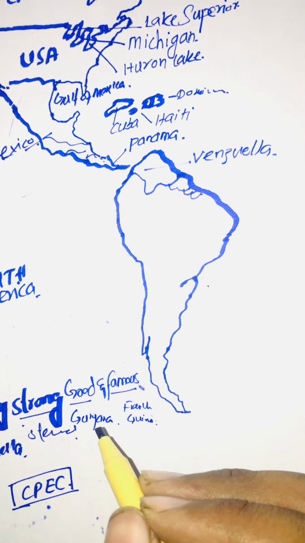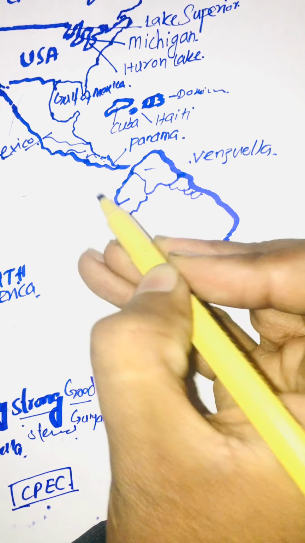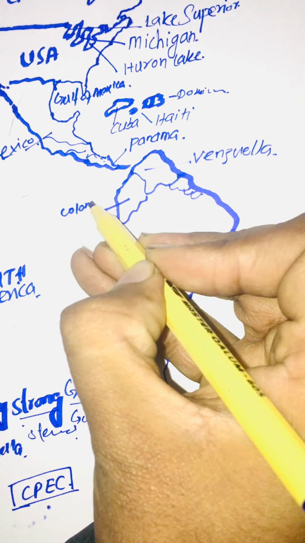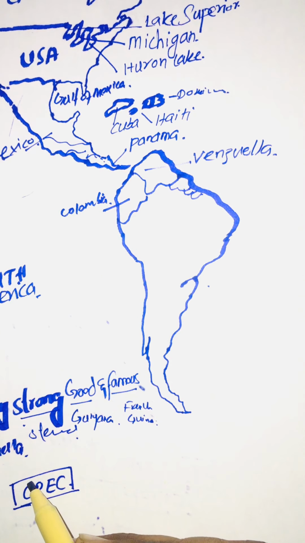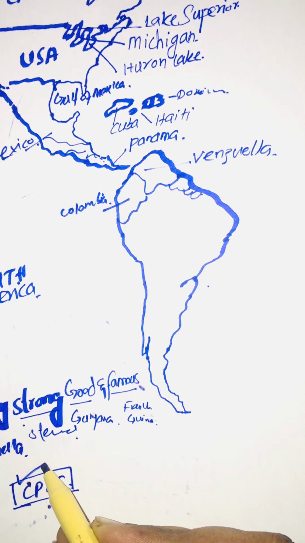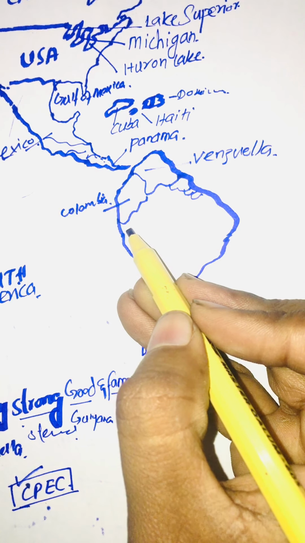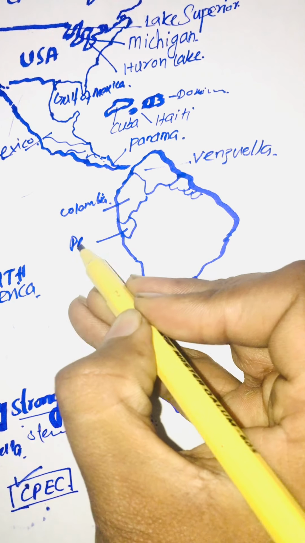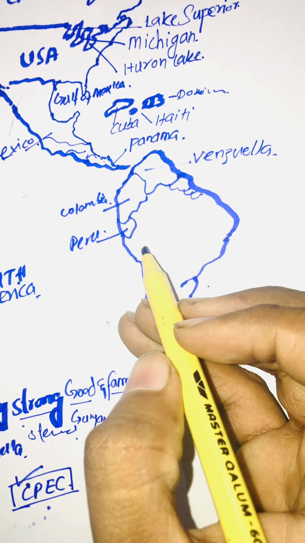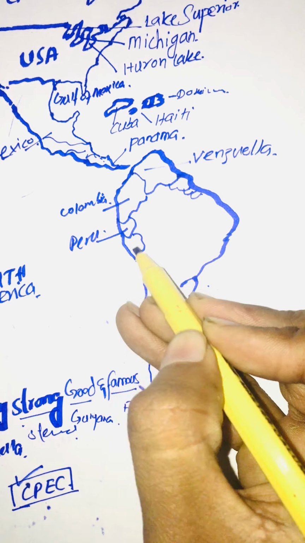You just remember that here is a country which is Colombia. This is Colombia. C, the first C of CPEC. Okay, the first C we have used here as Colombia. Then we come to the next country, which is Peru. And after that, the third country is Ecuador.